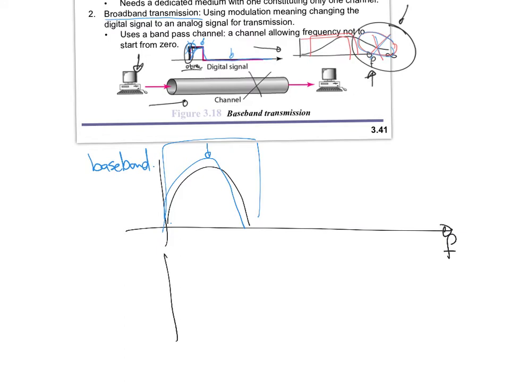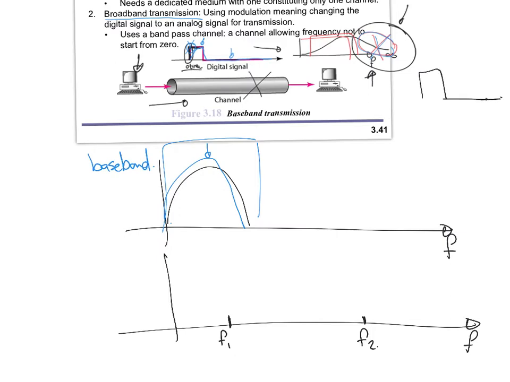If we use broadband transmission, what you could do is that you can use different carrier frequencies. Didn't we say that the digital signal in broadband gets represented by using a sine wave, a sine wave with different amplitude like this, right?